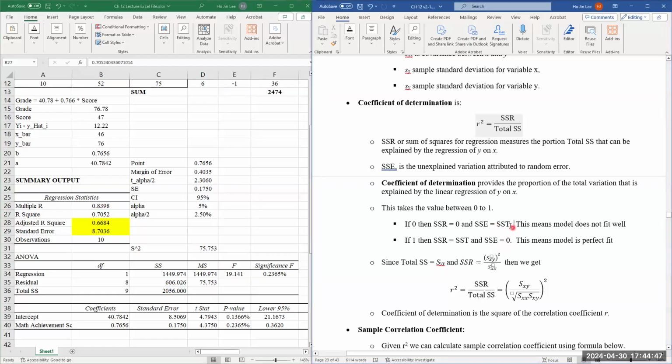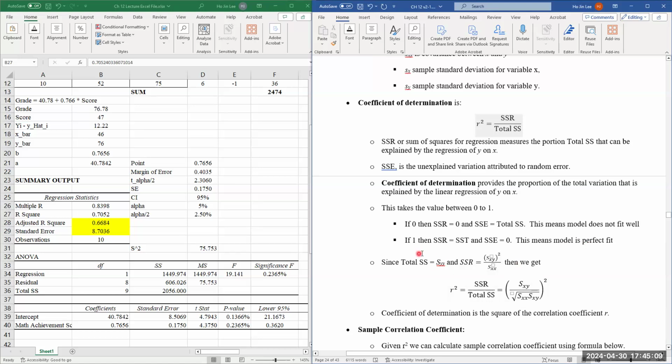I know I put SST here, it should be total SS. Now, that means the model does not explain the data. The model does just horribly. The 0 means it does not fit.